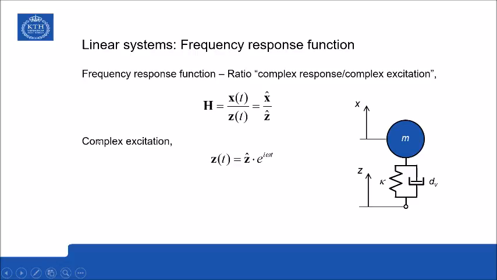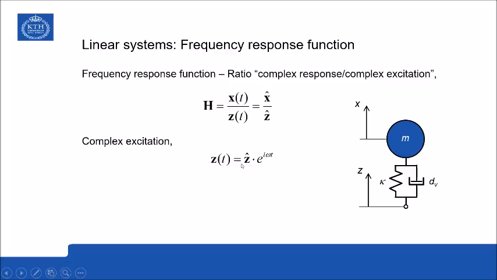So the complex excitation, if we assume then sinusoidal time dependence here, that is in principle then a sinusoidal surface and a car running with constant speed, then we get this perfectly sinusoidal excitation.